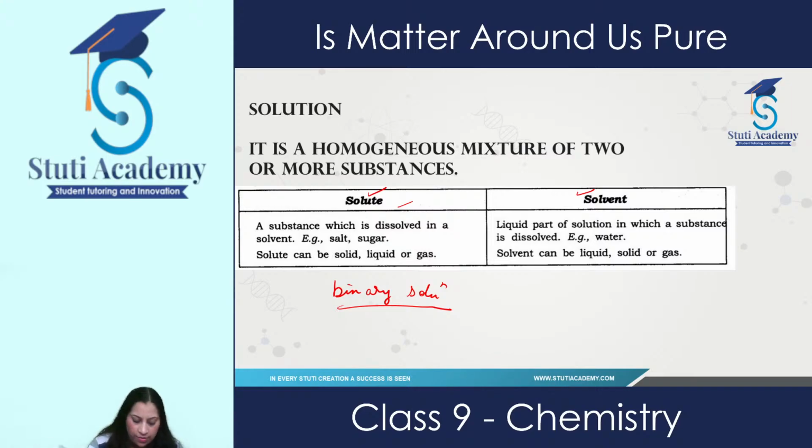Apart from this, the solutes of a solution cannot be separated by filtration or decantation methods. Then, solutions are stable. So what are the properties of a solution? First, they are homogeneous. They are binary.